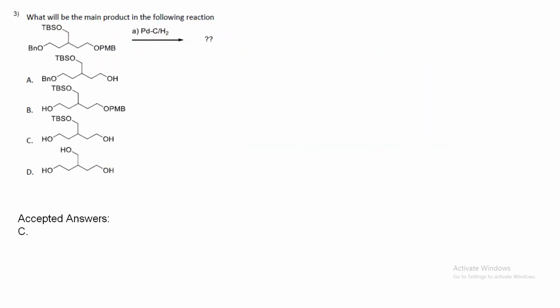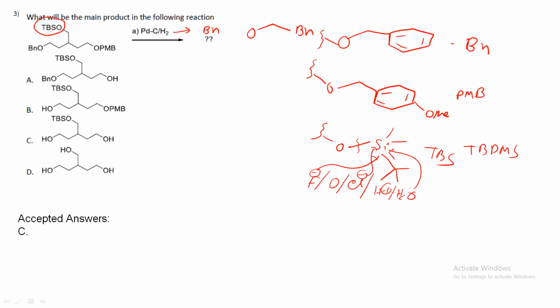To deprotect this type of ether linkage, we need palladium charcoal or HBr. Either of these conditions can break this particular ether bond and regenerate your alcohol moiety. You can see the similarity between these.